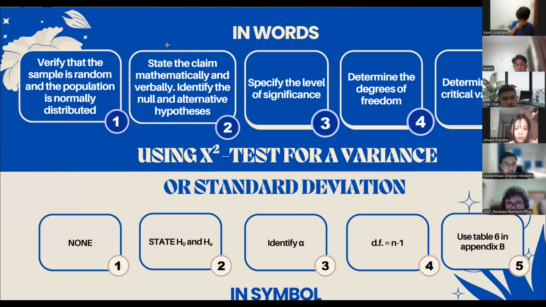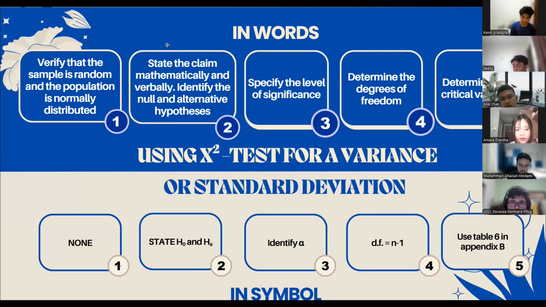Next is using the chi-square test for a variance or standard deviation. In words, the first step is to verify that the sample is random and the population is normally distributed. Next, state the claim mathematically and verbally, and identify the null and alternative hypotheses. The next step is to specify the level of significance.